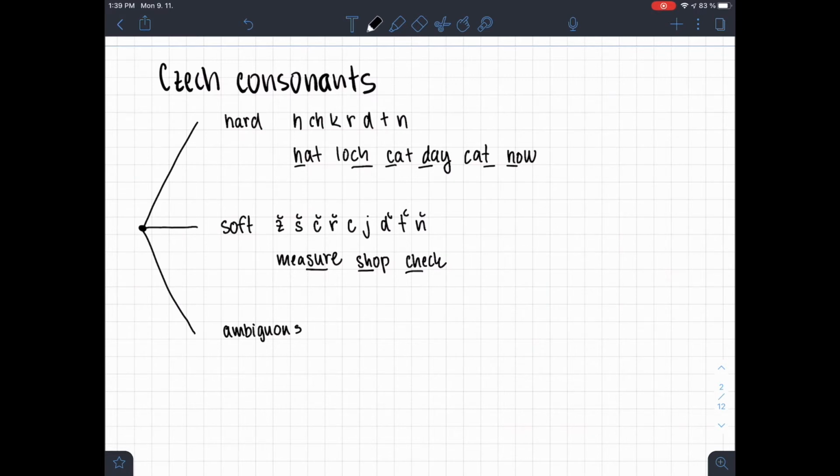C, it's like when you say t and s together. C, c. So you can find it in English in the word pets, for example.